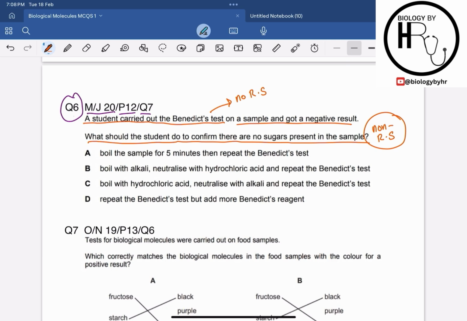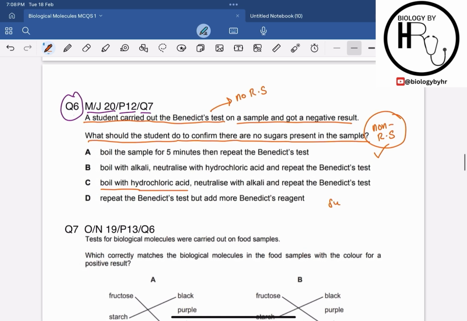To confirm this, we have to do the non-reducing sugar test, in which we boil the solution with hydrochloric acid, right? Why will we boil it with the hydrochloric acid? To hydrolyze the non-reducing sugar, for example sucrose.